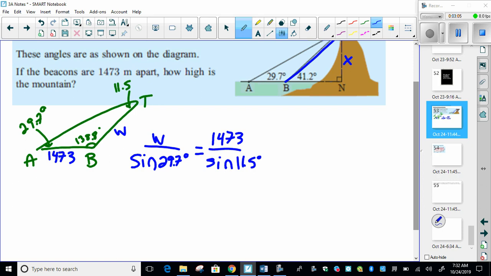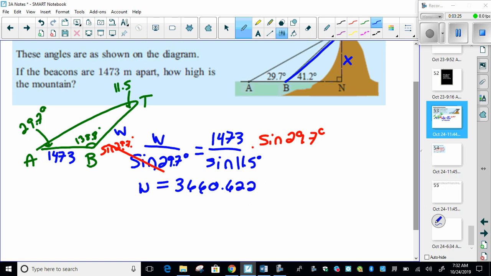Now I just need W, so I need to get rid of the sine of 29.7, so I'll multiply both sides by the sine of 29.7. So I get W equals 3,660.622. That's not an exact value, so make sure you store that, especially because you're going to need it in your next picture.